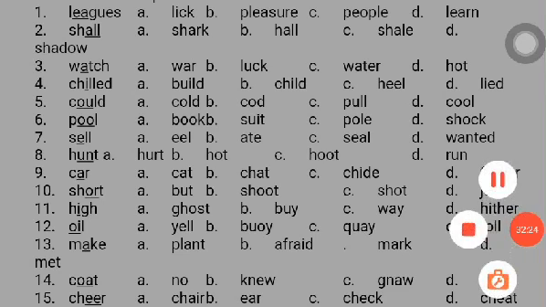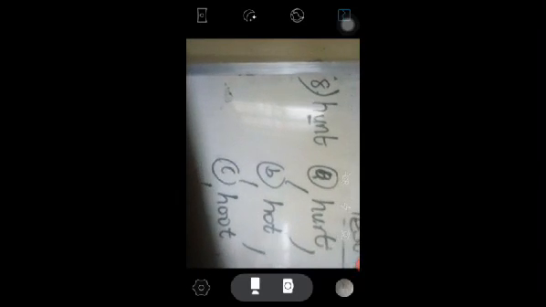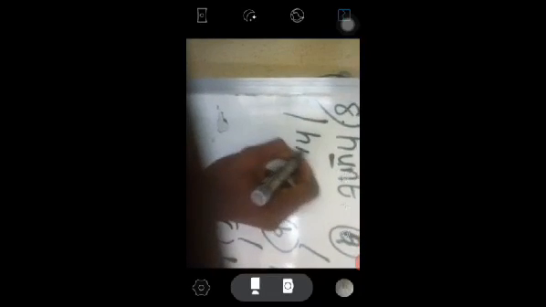Let's get going. Here we are on the explanation marker board, and you have the word hunt. The transcription is the letter H, then the letter U sound, n, t, hunt. Now let's see. You have the H-U-R-T option A here.